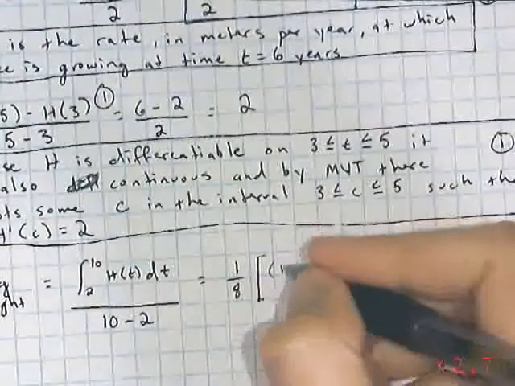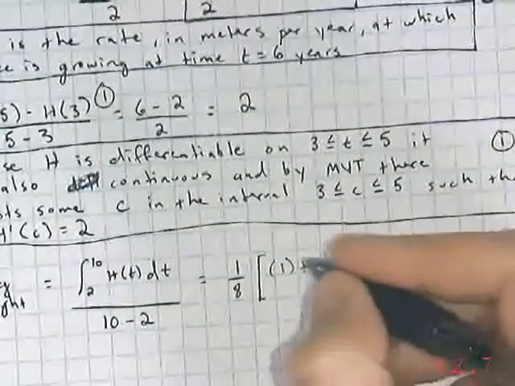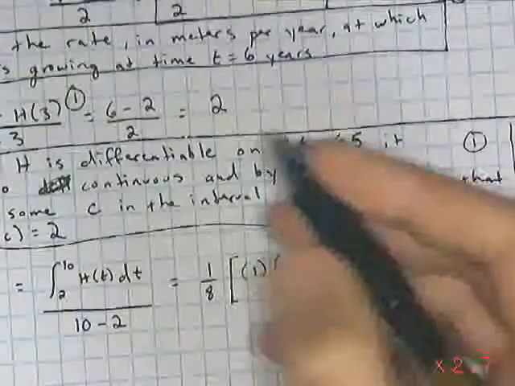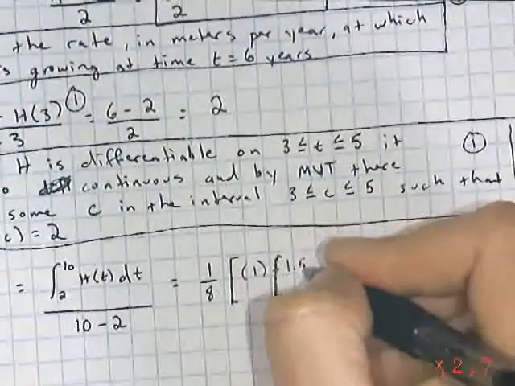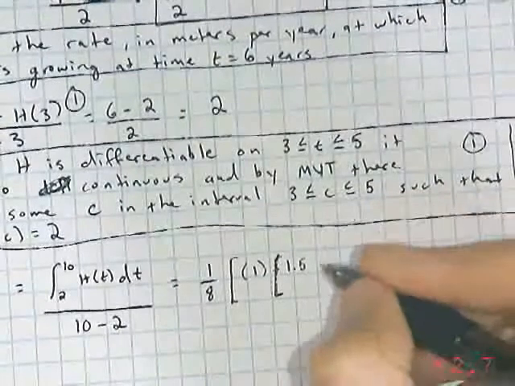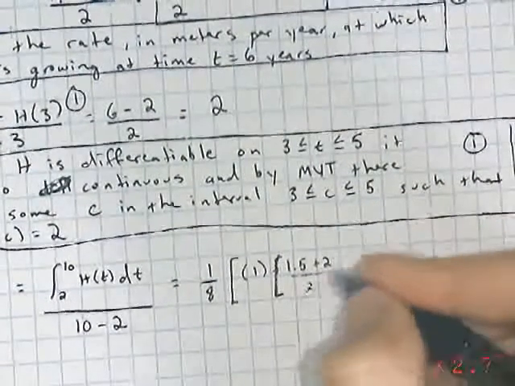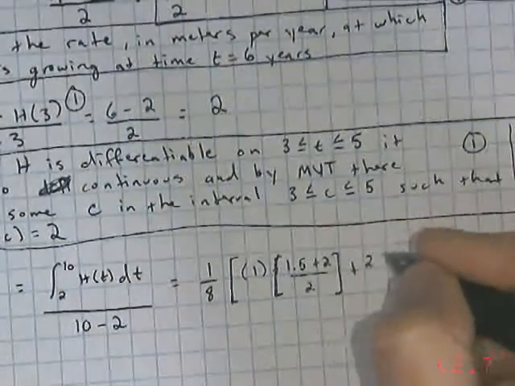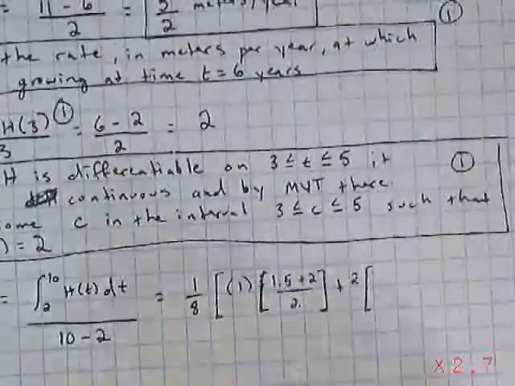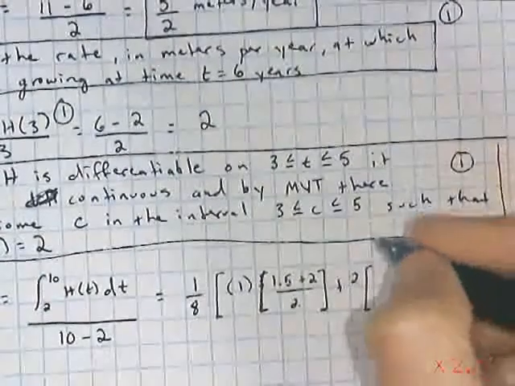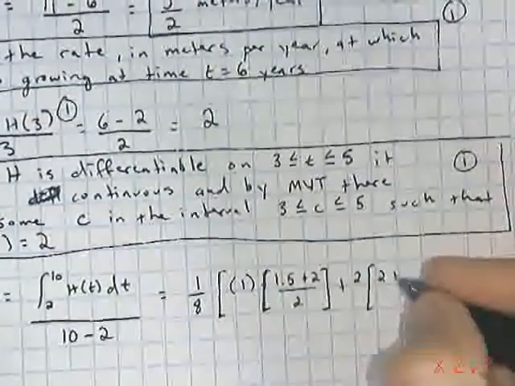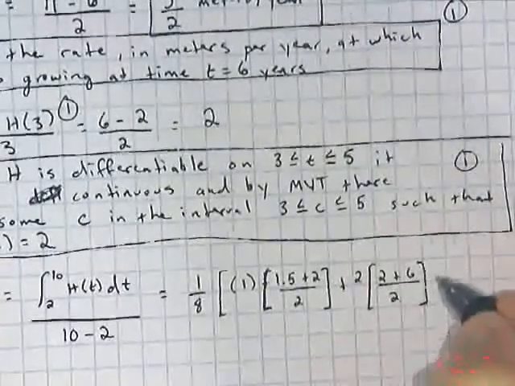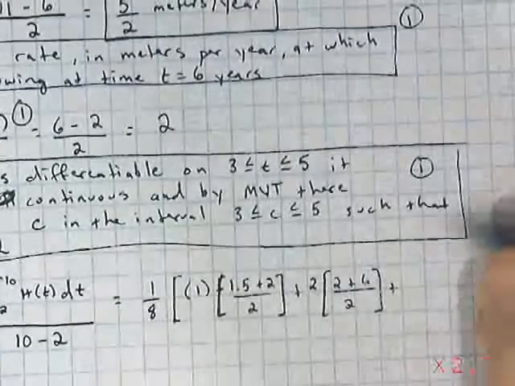So 1 times base 1 of 1.5 plus base 2 of 2, divided by 2, plus 2 times base 1 of 2 plus base 2 of 6, divided by 2, plus our third height is again 2.